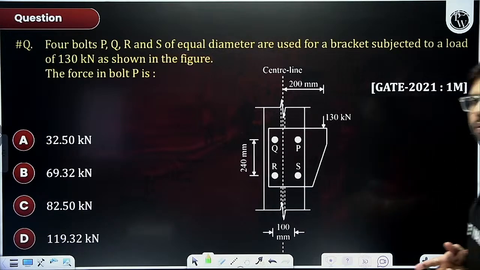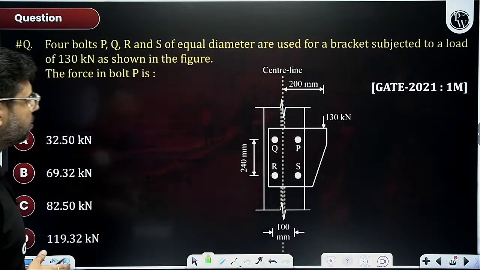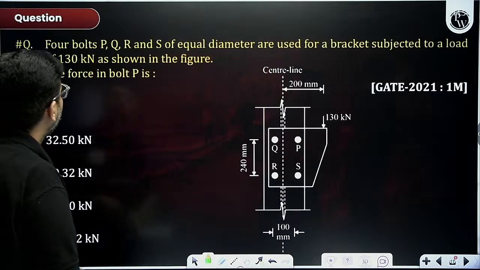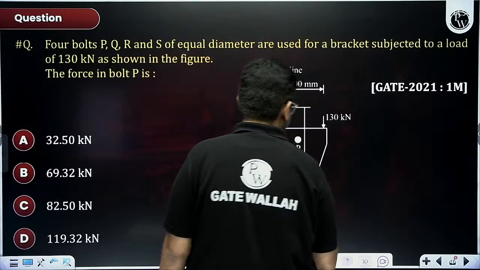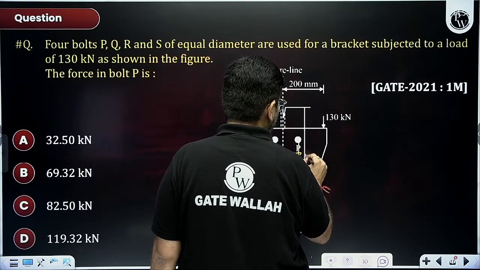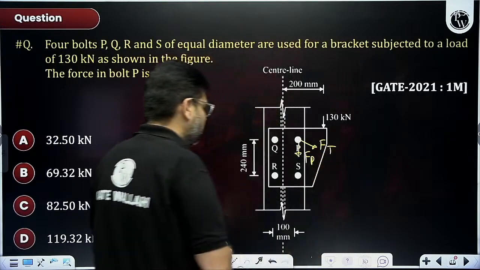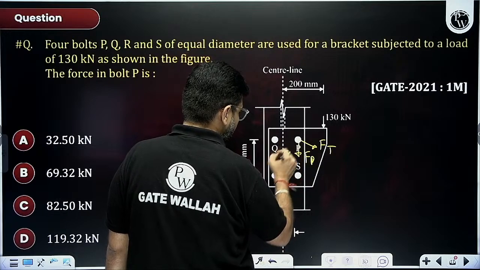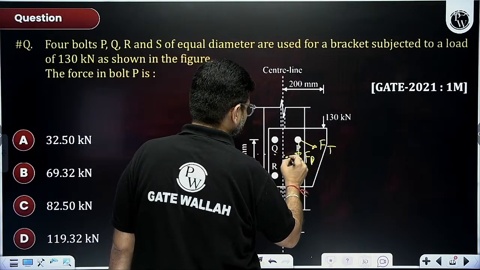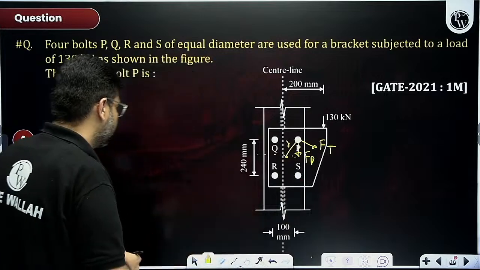We have 4 bolts P, Q, R, S, and we have to find out the force on bolt P. So how have you done it? You have found out the direct force and the torsional force, FD and FT, and this will be the location of the CG of the bolts. So just find out this R and so on.